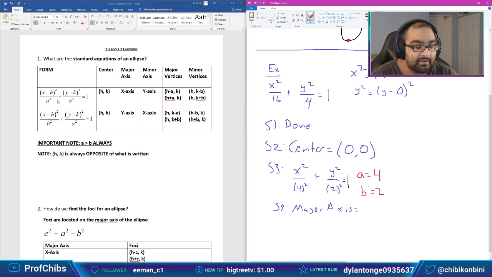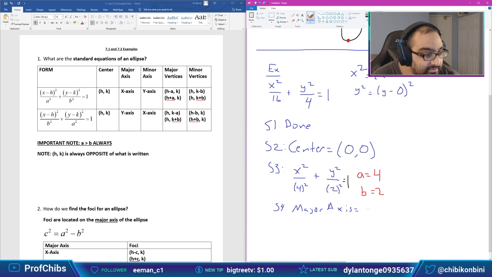Bigger number on bottom, underneath which letter? Is it underneath X? Is it underneath Y? Well, that letter is going to be your major axis. I'm just going to simplify it as best as that. So if I looked at this problem here, what's your major axis? Is it going to be the x-axis or is it going to be the y-axis? Yeah, definitely.